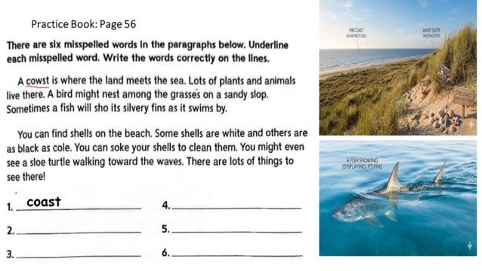Let's now read the second sentence. Lots of plants and animals live there. So you can see on the coast lots of plants. Here are the plants and animals live there. So, is there any misspelled word here? No, the sentence is correct. This decline, is it a slop?